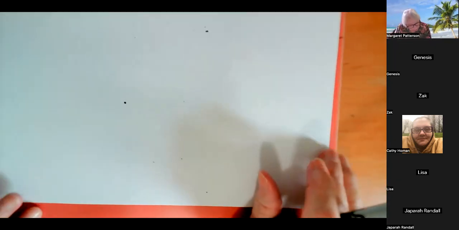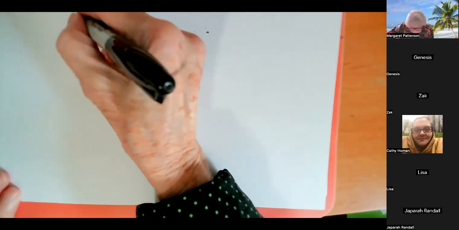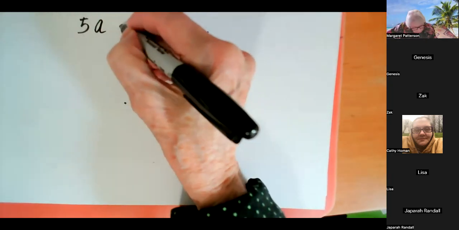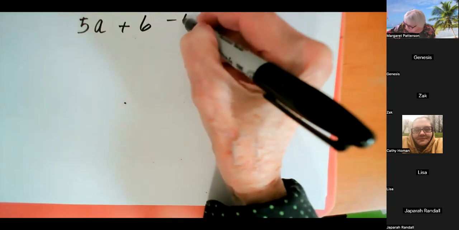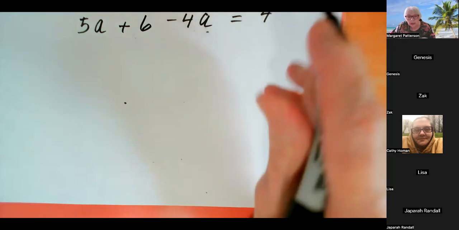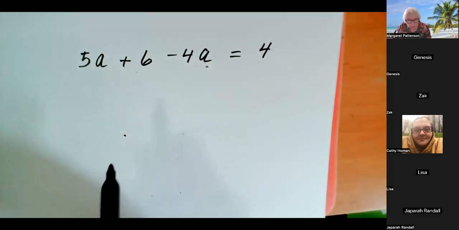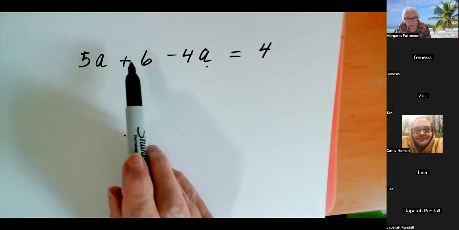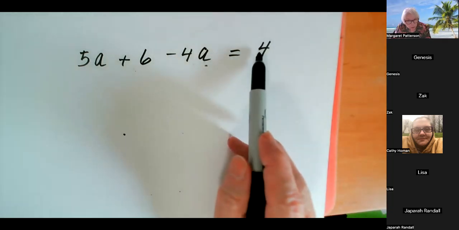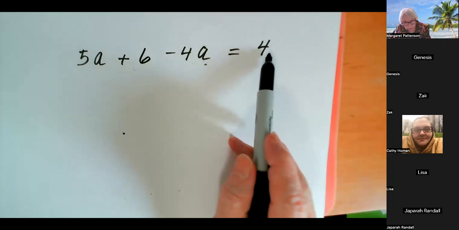I have a problem that looks like this, and this was the one I saw first. So we're moving forward. There's 1, 2, 3 terms on the left, and just on the right, all I've got is the number 4.